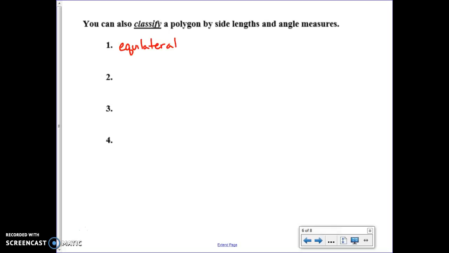That means all sides congruent. If all of the angles are the same, we call it equiangular. That's all angles congruent.